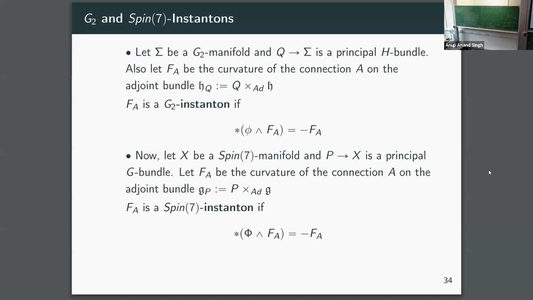If you apply Hodge star in dimension 4, you will again get a 2-form. Here, for the G2 instanton case, it's dimension 7. So if you wedge your curvature with this 3-form phi, you will get a 5-form, and then in dimension 7, the Hodge star is again a 2-form. So that equation makes sense. And for this, it's dimension 8, whereas this is a 4-form. Again, dimensionally it makes sense.